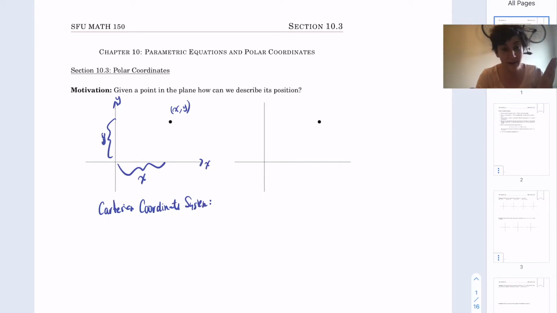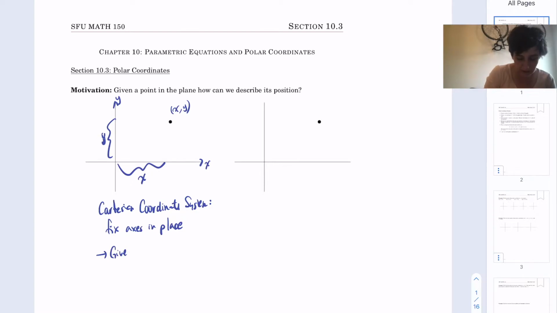We're fixing our axes in place, and then we look at any point and describe the position of that point away from our x and y axes, as a unique descriptor.